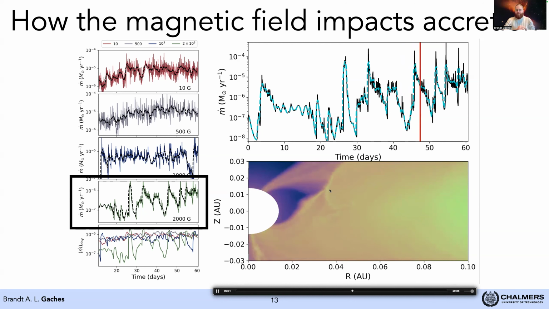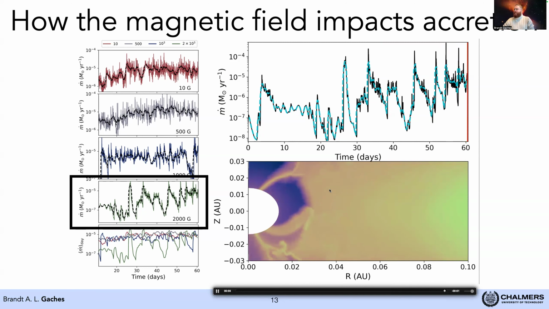instabilities. We did some investigation, and most likely it's an interchange-like instability. Because when you put magnetic field lines onto this, you see that you get a pretty stable point, and every once in a while a streamline is able to connect itself to the protostar surface and dump matter onto it, and then it restabilizes and goes like this.